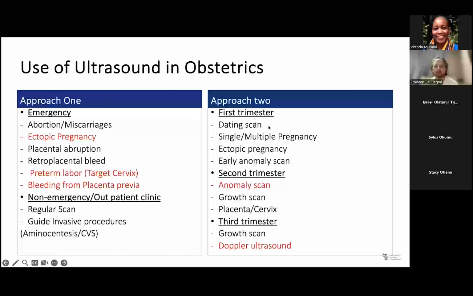The other way to approach is trimester-wise. What are the things you need in the first trimester? What are the things you need in the second trimester? And what are the things you need in the third trimester? I will go into detail with these trimester-specific approaches, so that we can know the exact clinical relevance of obstetric ultrasound, and what information we want to get from this trimester-specific approach.